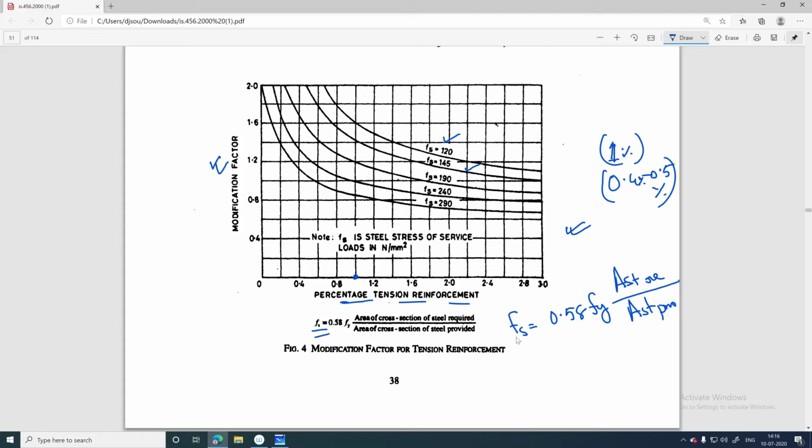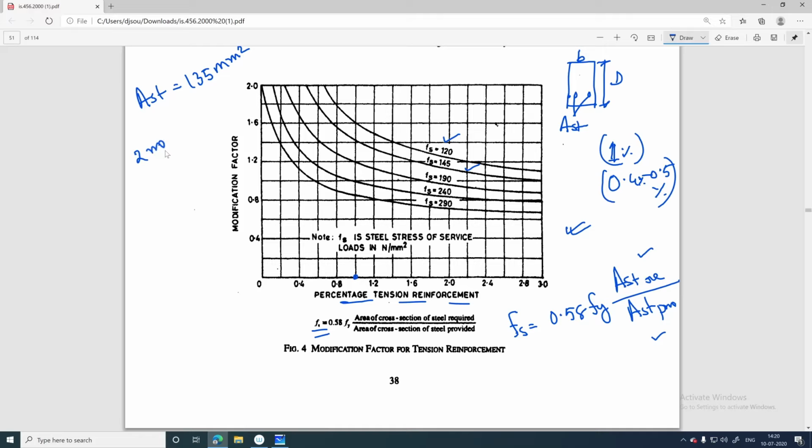Now you can ask, sir, what is AST required and what is AST provided? Look, this is the area of steel under tension, which you already know, but this is required and this is provided. Suppose the area of steel which you get after calculation is 135 millimeter square, but can you provide the exact value of this 135 millimeter square?